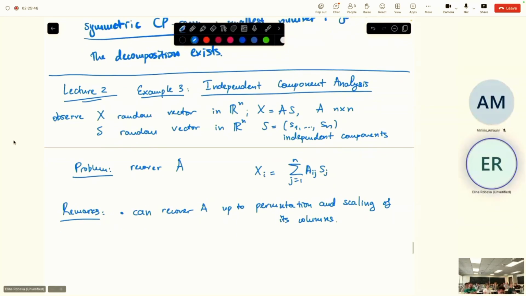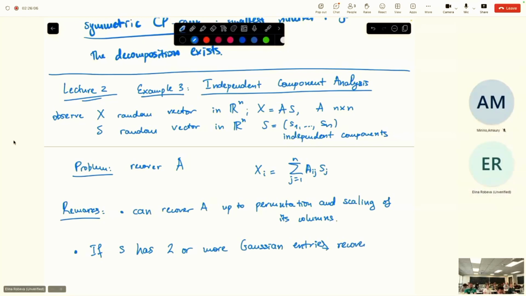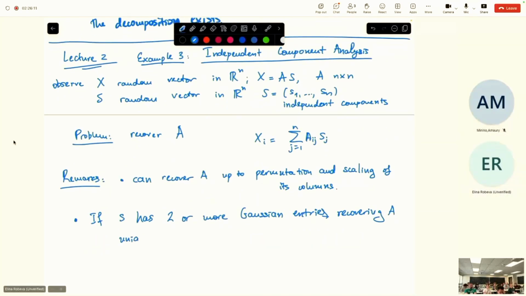And it turns out that if s has two or more Gaussian entries, recovering A uniquely, up to permutation and scaling, is not possible.